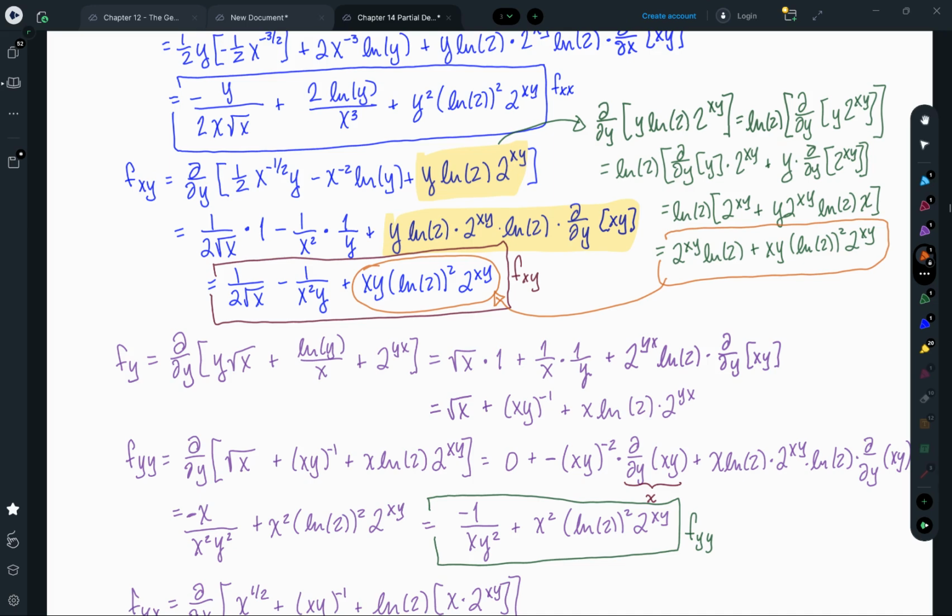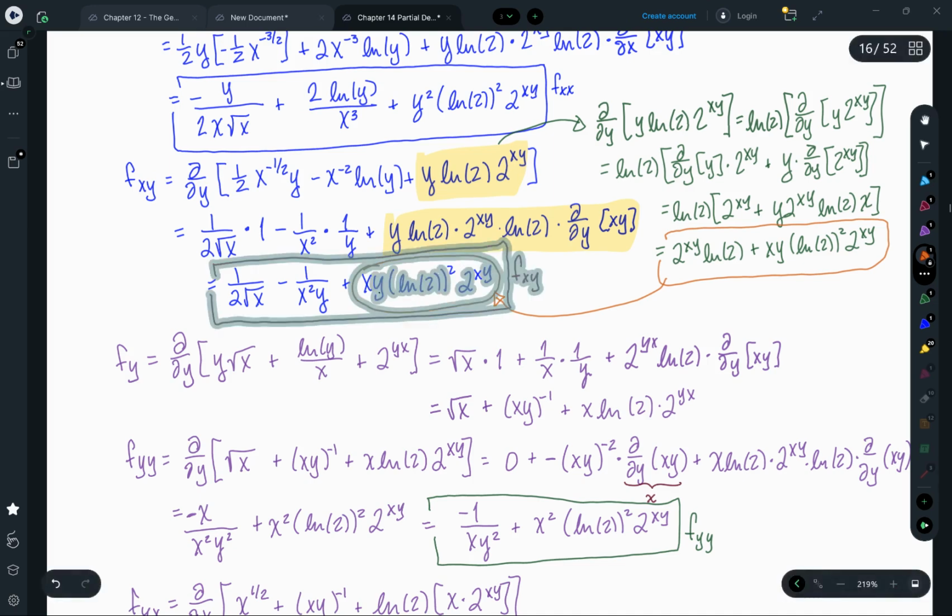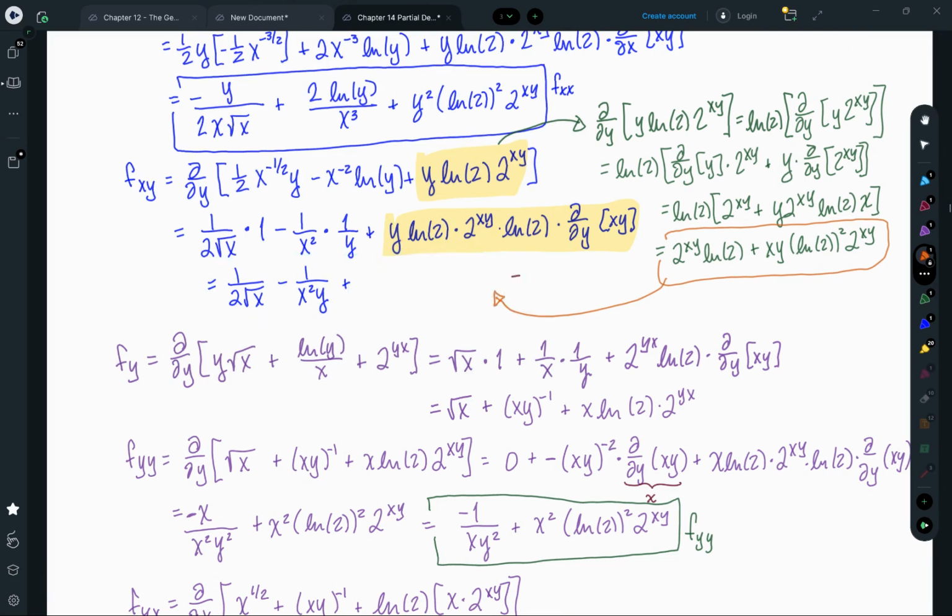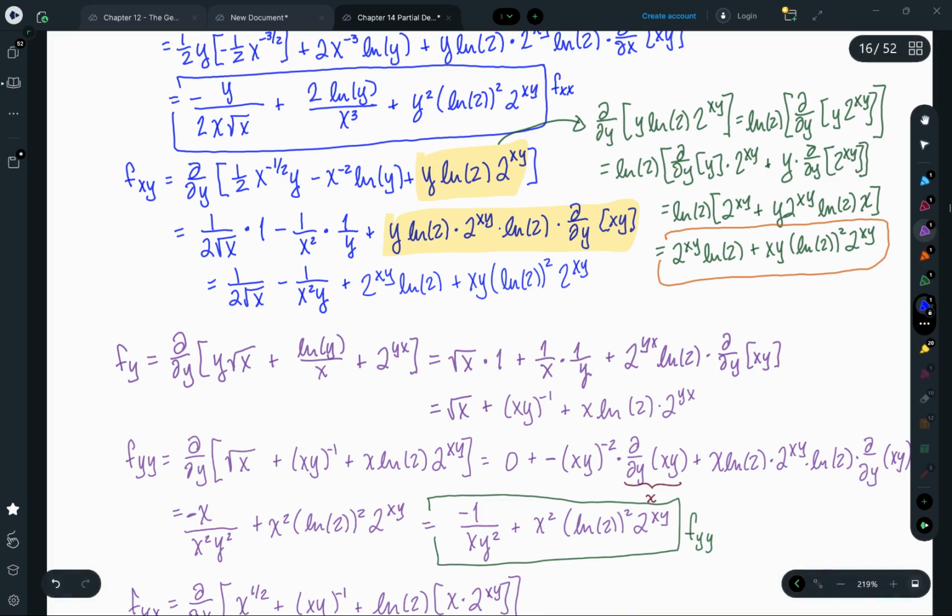Going in here and erasing only what I need to, and getting back the color that I need. This is going to be plus the 2 to the xy ln of 2 plus xy times ln of 2 all squared times 2 to the xy. That is the final answer on that one.